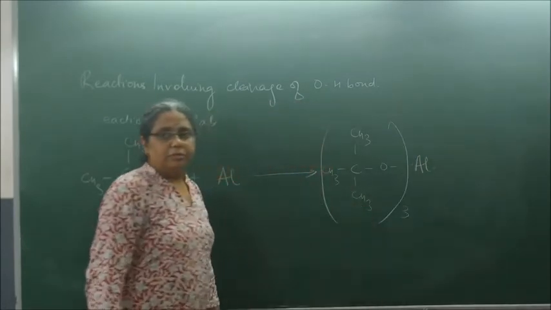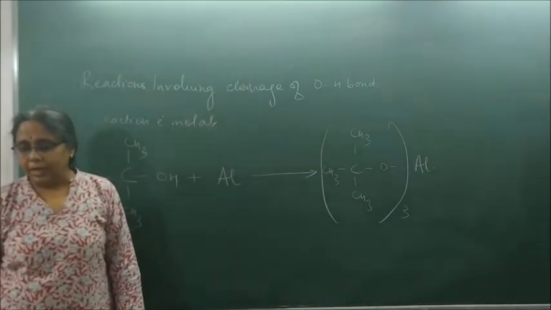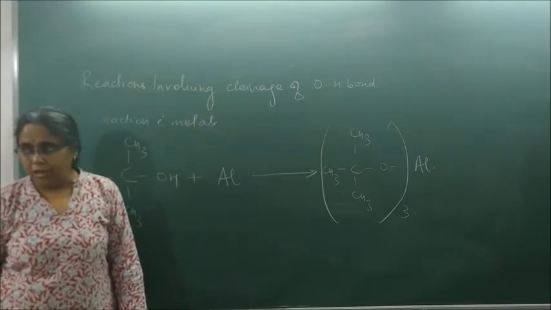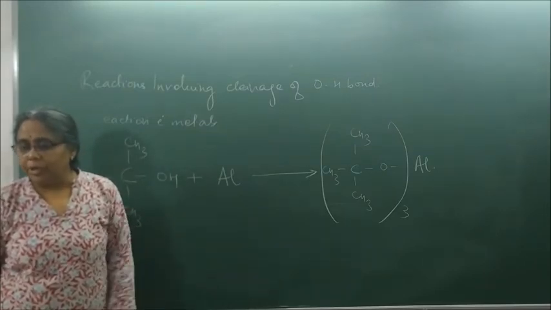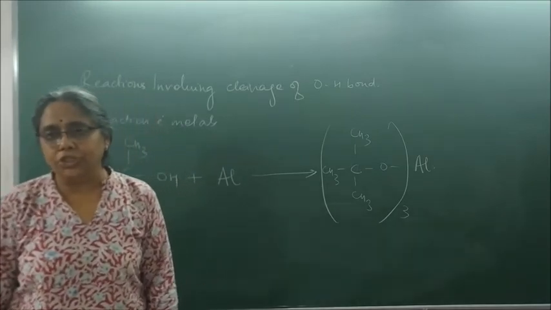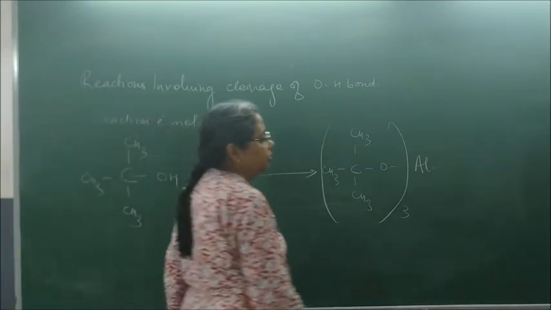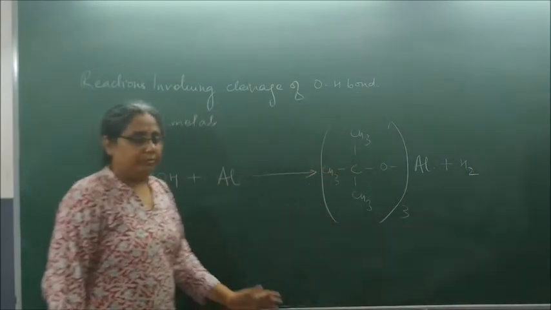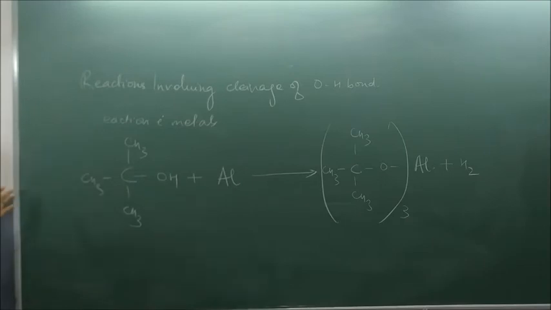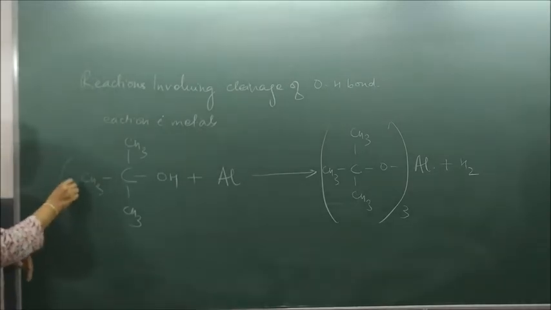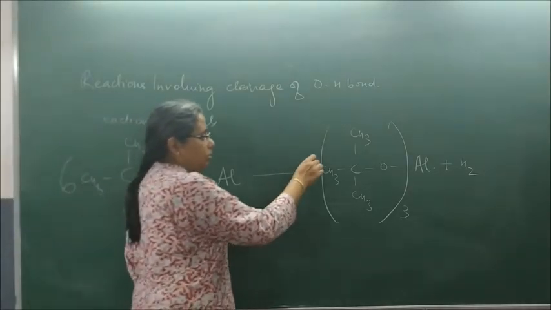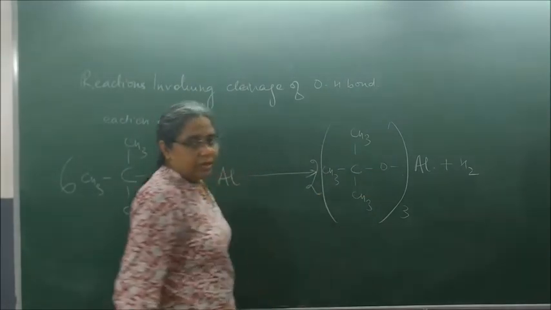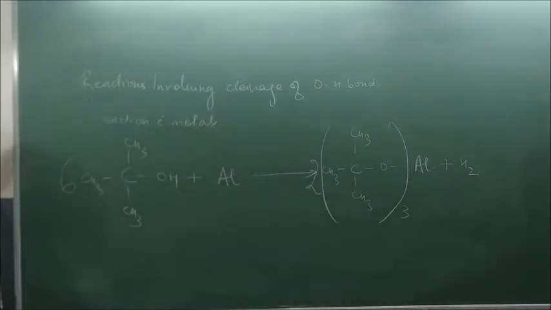This is called what? Aluminium tertiary butoxide. Plus what should be removed? Hydrogen. Balance this equation. It's 3. From where do we remove hydrogen? H2. This has to be written as 6. Then this will become 2. And then you will get 3H2.